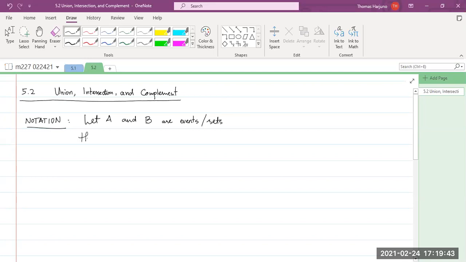Then A union B is the set of all elements or events in A or B or both. So once it is in either one of them, you count it in.